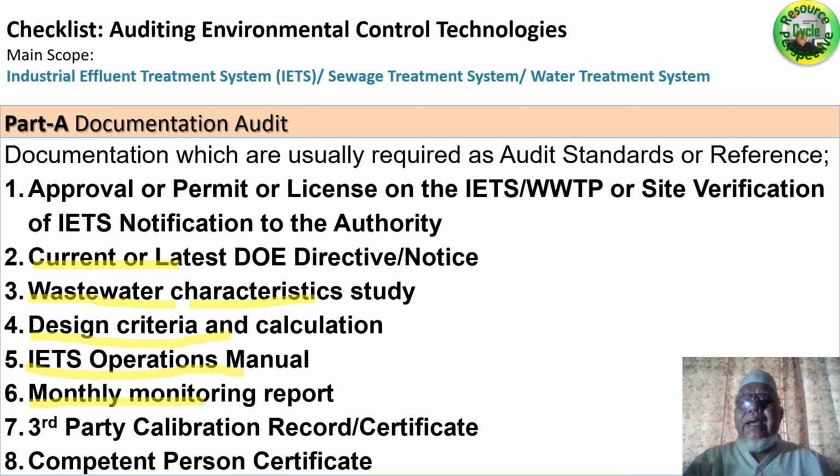All right, so next let's move to number 7. Here's number 7. It's about calibration record. Now, the IETS or wastewater treatment plants do consist of several measuring devices such as barometer, flow meters, pH meters, etc., whereby electronic or mechanical sensors are involved.